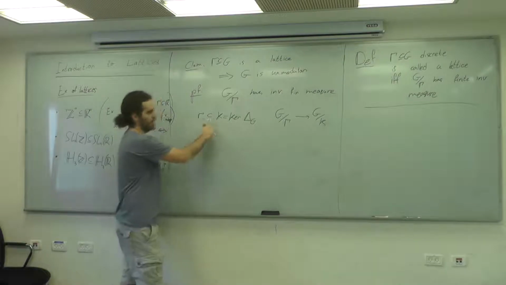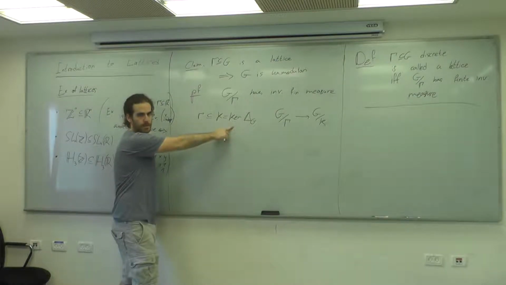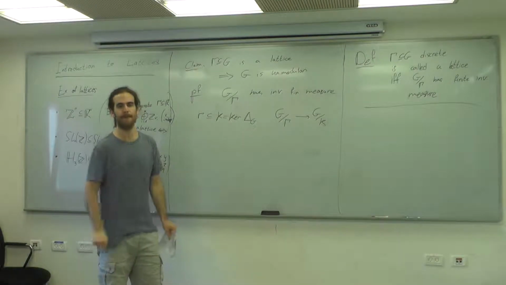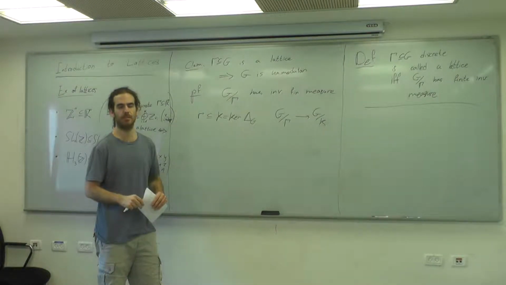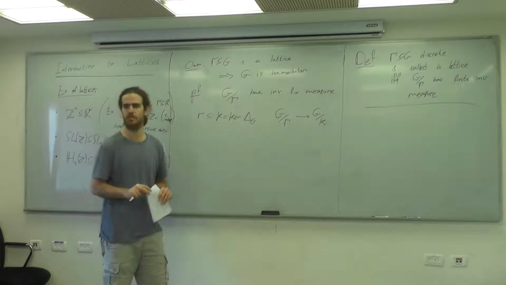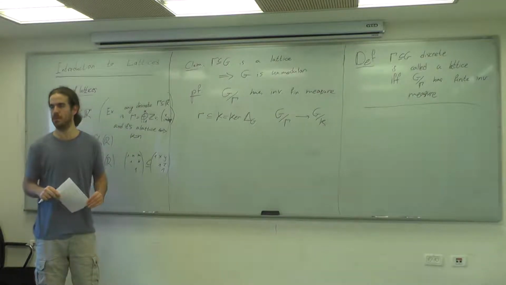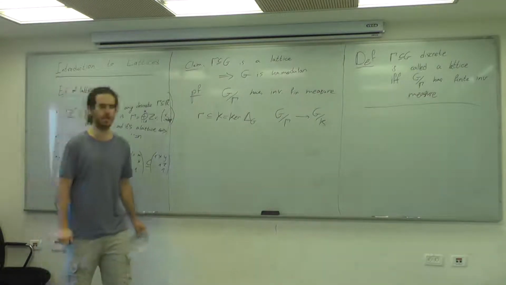So we know that gamma lives in the kernel, not using finiteness, only by invariant measure. For this inclusion, you just use the fact that gamma is discrete. Yes, cofinite volume.